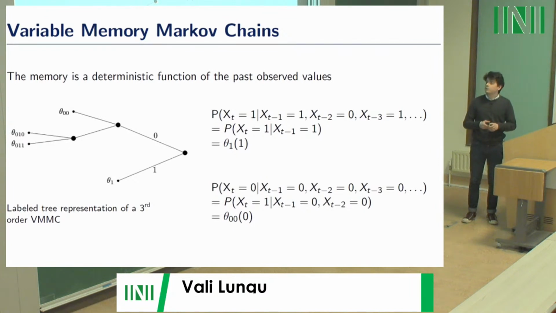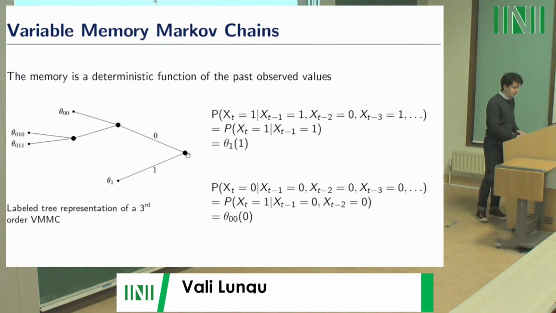For example, if you want to find the probability that your current sample xt equals 1, given your last observed sample was, for example, 1, then graphically it means you have to take this path here up until you reach this leaf, which has distribution theta 1. So in order to find p of xt equals 1, you just have to select theta 1 of 1.